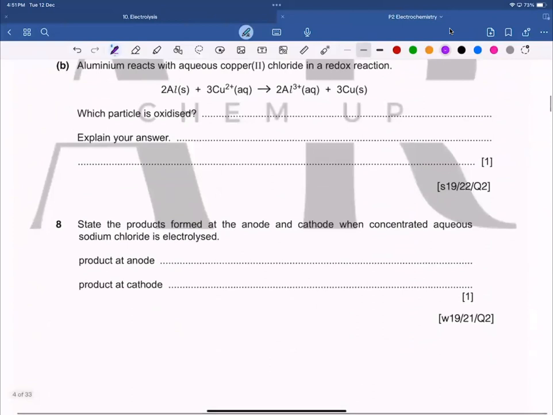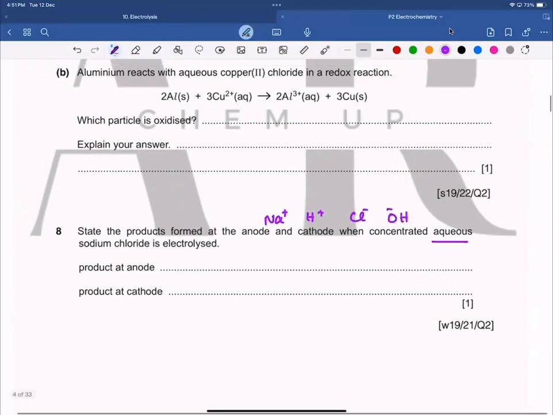Now see, state the product formed at anode and cathode when concentrated aqueous sodium chloride is used. It's aqueous, so it means sodium ion, hydrogen ion, chloride ion, and hydroxide ion. At the anode, which ion is going to oxidize, chloride or hydroxide?